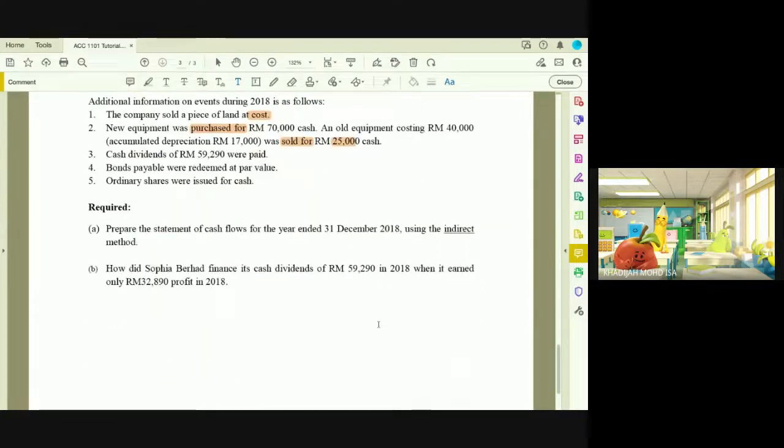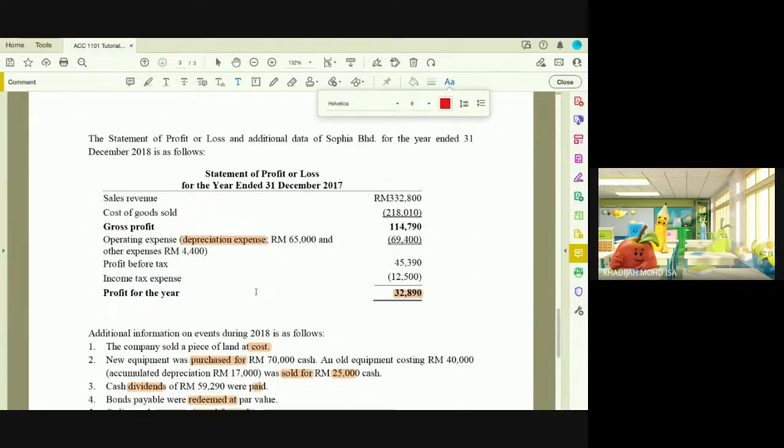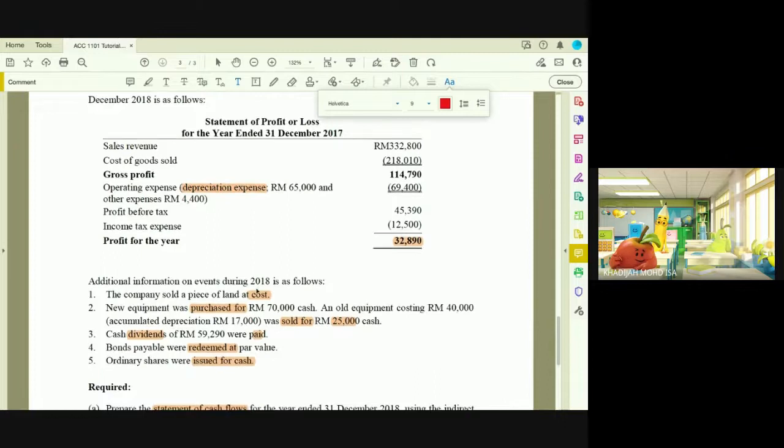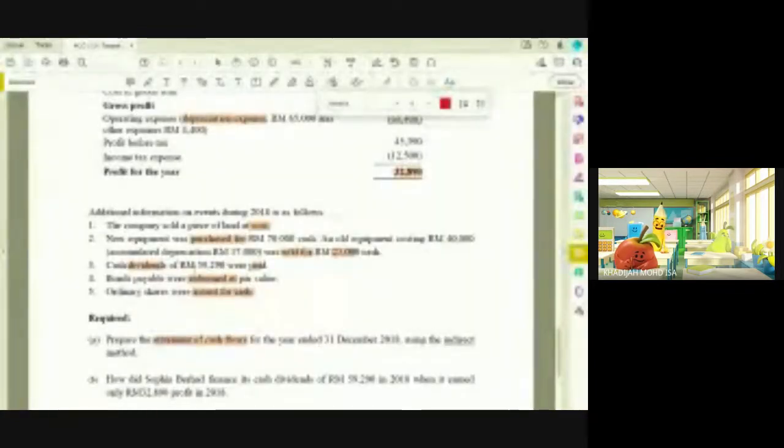Where it says, how did Sophia Berhad finance its cash dividend of 59,000 when it earned only 32,890? So where do you get this 32,890? That is your profit for the year. So what it says is that during the year you have 32,890, but you paid out dividend of 59,000. So where do you get the money from?